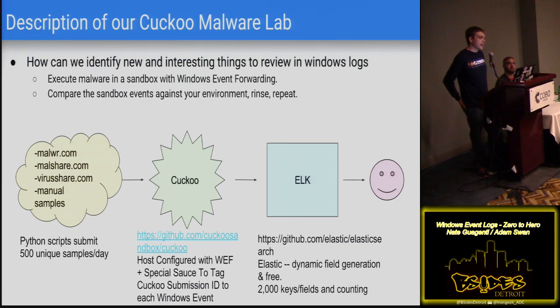And if you're interested in how to get that set up, you can always reach out to us. But that all goes into ELK, and then from there, we just start doing queries and looking for new and interesting events. ELK is very powerful, Elastic. In the Kibana interface, if you're familiar with it at all, you hit that tag button, and you can whitelist or do the query very quickly.